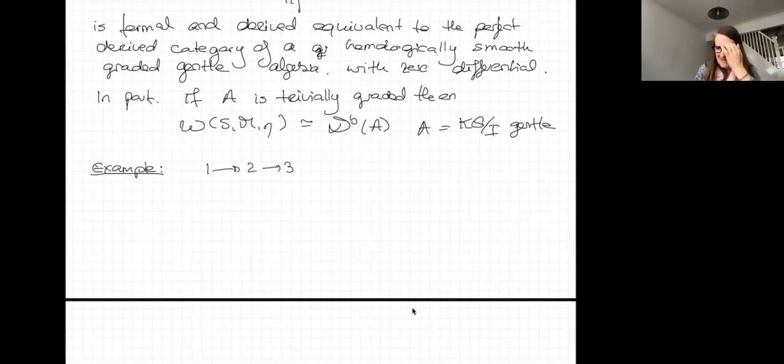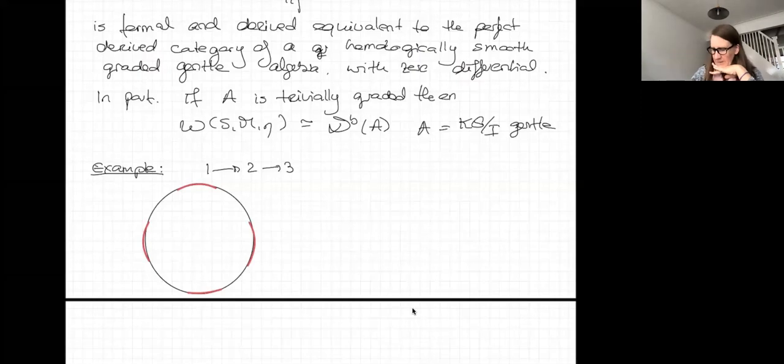But this is not how Haiden, Katzarkov, Kontsevich start. So what they do is they start with a surface. And here I'm going to take a disk. And on that surface, they have some marked points, which they call stops, and they depict them by lines. And then they choose a line field, and for the moment we're going to ignore that. We're going to have a look at that later.